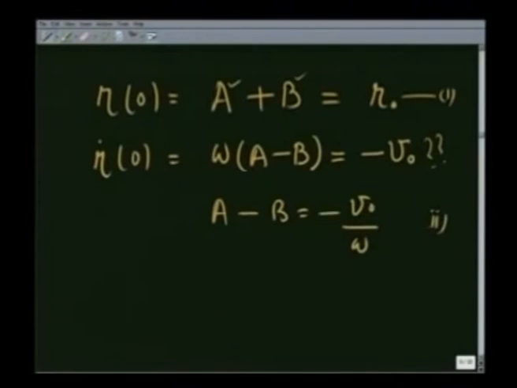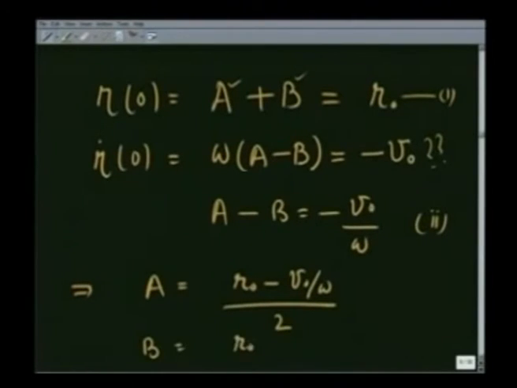This is my equation number 2, and this gives me a is equal to (r0 minus V0 over omega) divided by 2, and b is equal to (r0 plus V0 over omega) divided by 2.